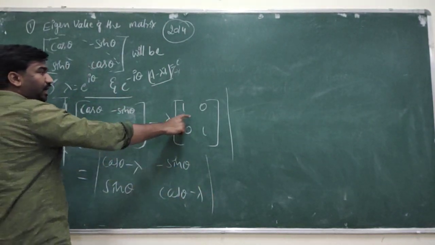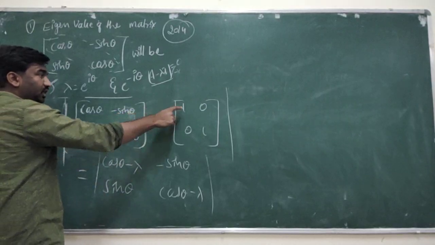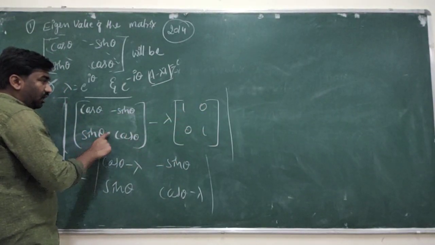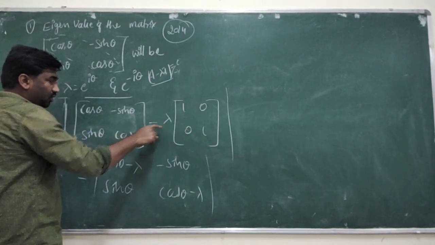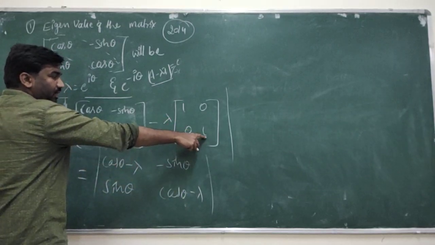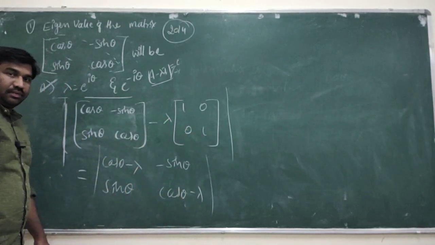Why? Because lambda into 0 is 0, minus sin theta plus 0 is nothing but minus sin theta, and sin theta minus lambda into 0 is nothing but 0, sin theta as it is, and cos theta minus 1 into lambda is lambda, so cos theta minus lambda.